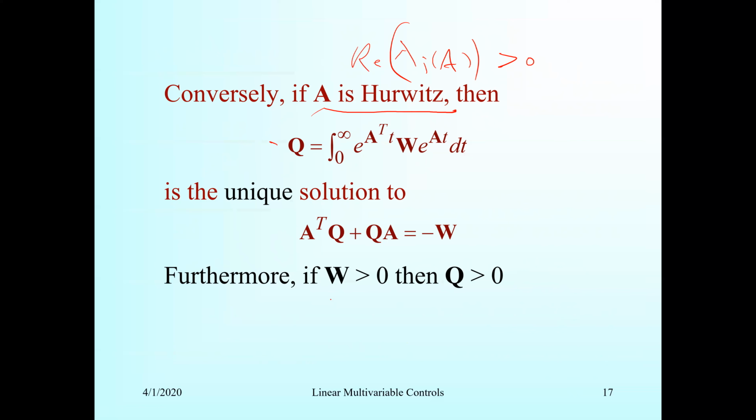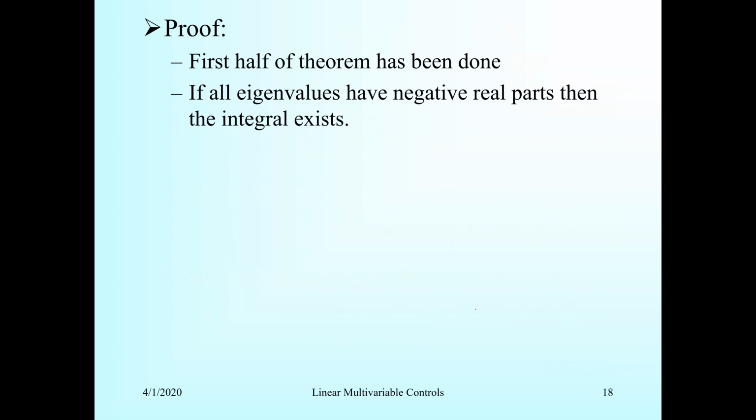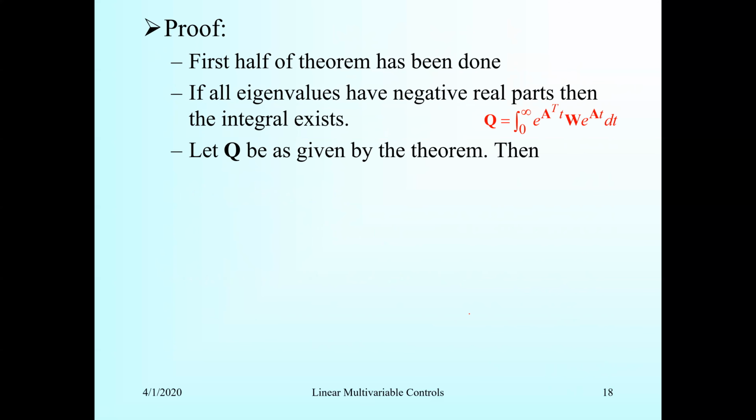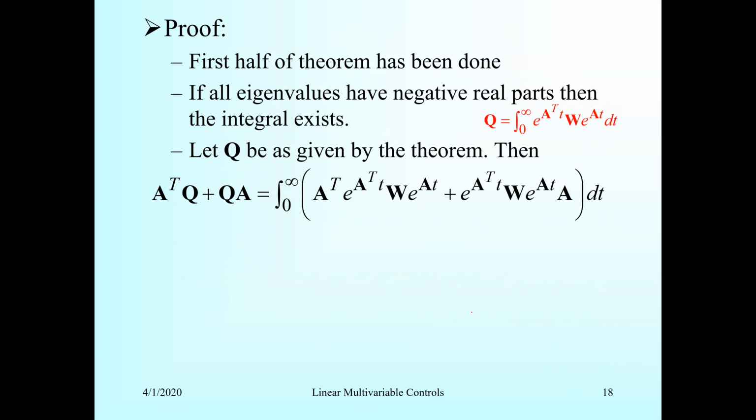Furthermore, if W is positive definite, then I can guarantee Q is positive definite. So, proof of this half. All eigenvalues have negative real parts. Then the integral exists. Q is as given by the theorem like this. Then A^T Q becomes something like that. You can bring A inside because A has nothing to do with t, so we can always write it this way.